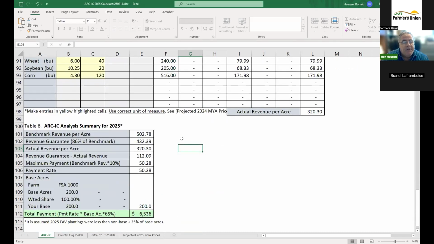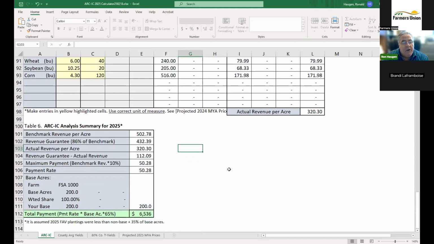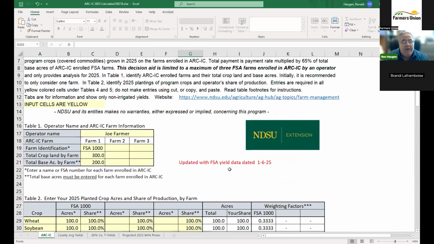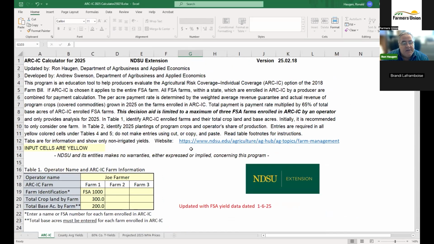If you plug in those yields and have zero yields that year, you really can make a good payment, but that's not the case for most. This is the ARC-IC calculator we have posted on our website right next to the main calculator. You probably could look at it just to see for your own information whether it's something you could check into.